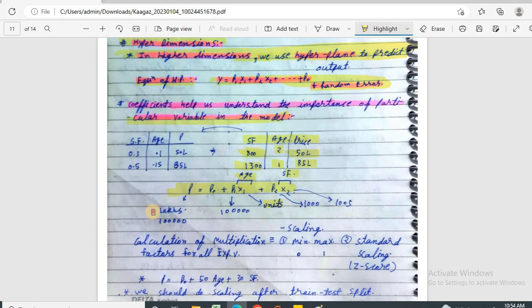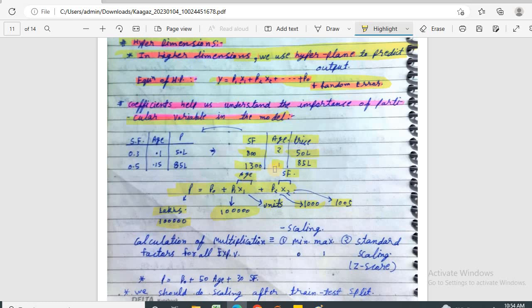If we want the output to come in lakhs, in this 50-digit range, then we need to multiply with a higher value of beta 1 and a lower value of beta 2, because age is in units, so we need a 5-digit beta 1 value, and square footage is already in hundreds, so a 3-digit beta 2 value.